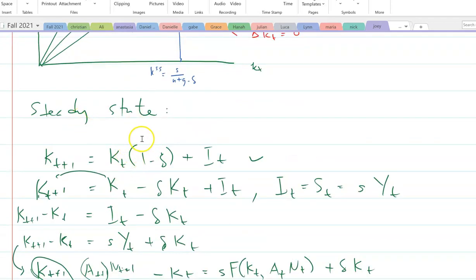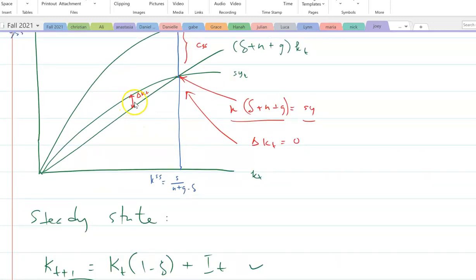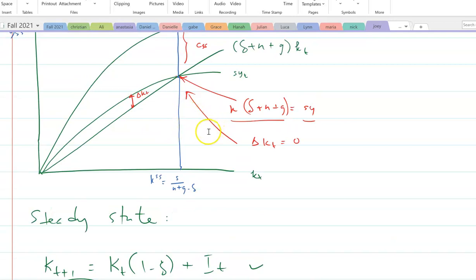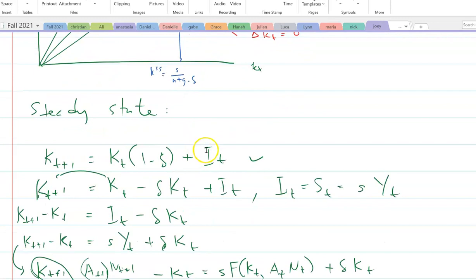At the steady state, we should have this condition here, just like the law of motion, right? The capital next year will be equal to the capital this year times 1 minus delta, plus the investment. The investment is what you add on, so that's the saving rate.